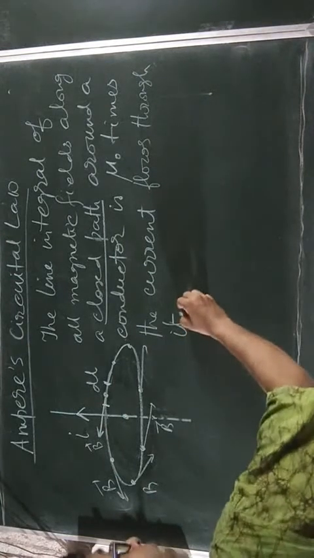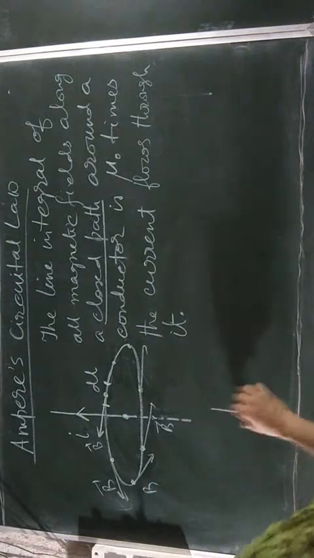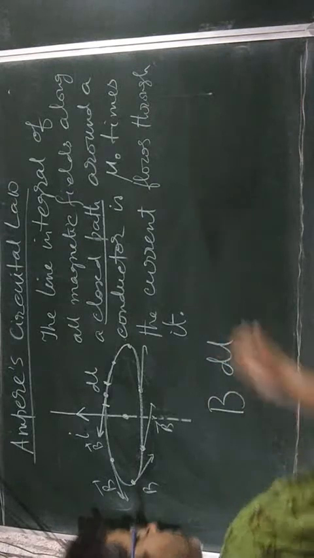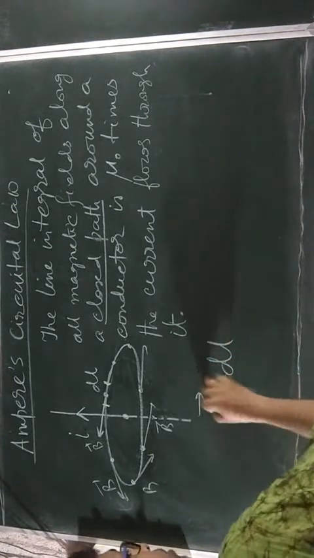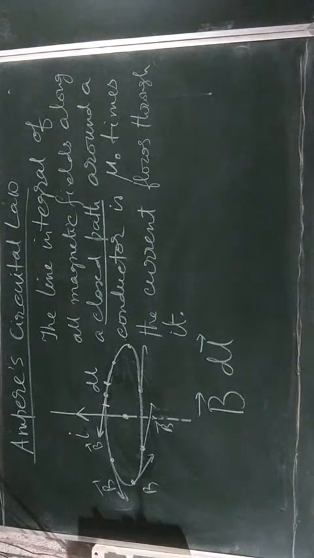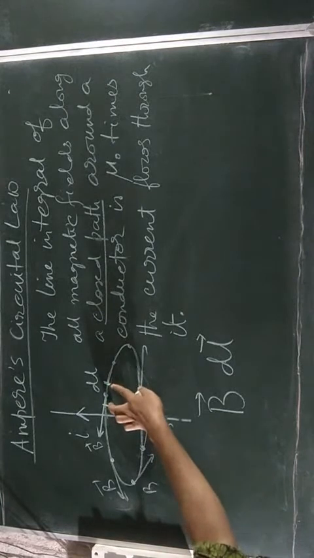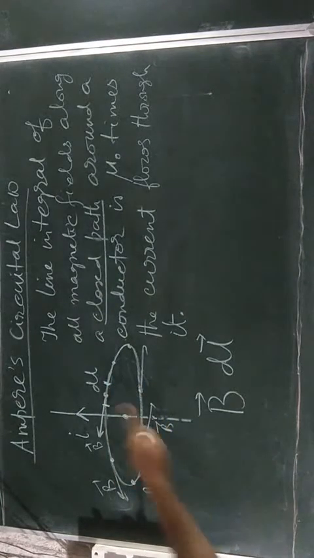Symbolically, how can we express this? B, this is a vector, and this is also a vector, a small element or small section of the closed loop.